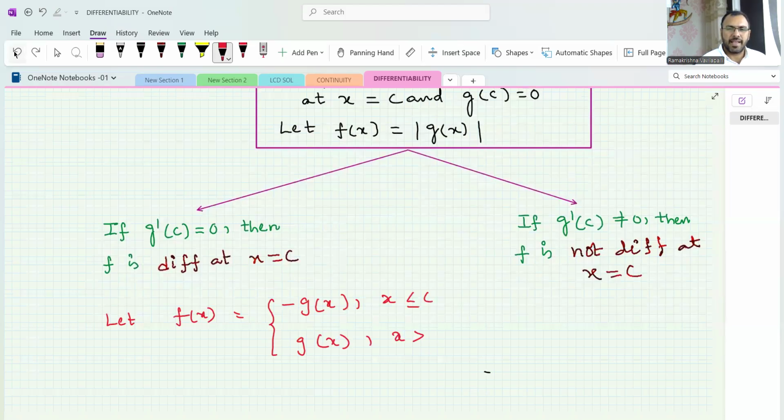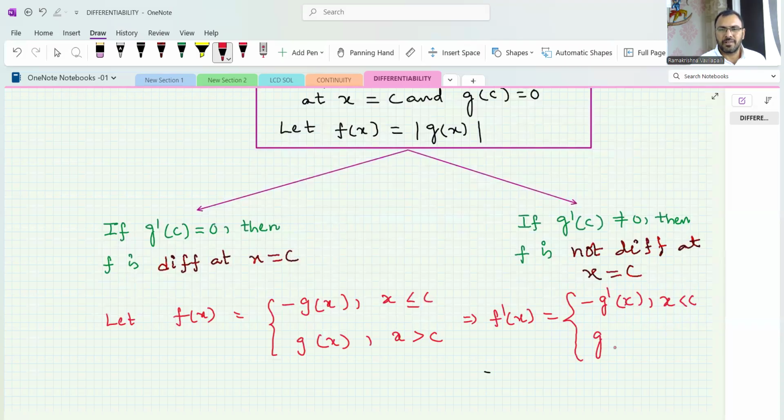Now, how do we find the derivative of a piecewise function? Anyway, g is a continuous and differentiable function, we just differentiate. Then we get minus g dash of x for x less than c and g dash of x for x greater than c.